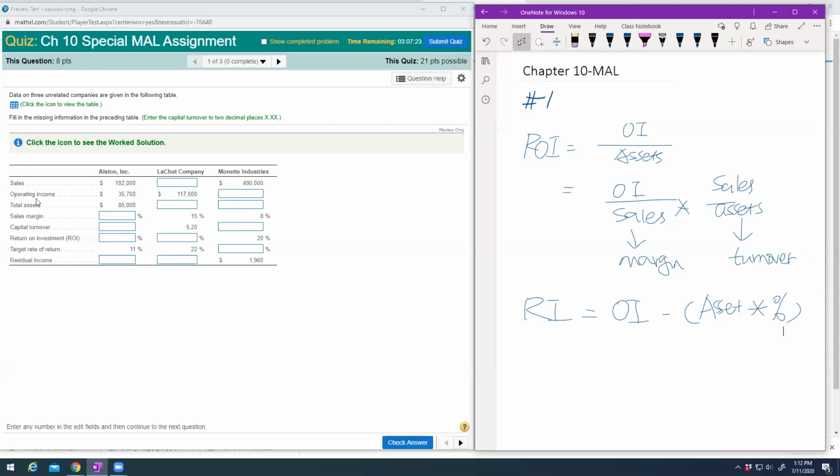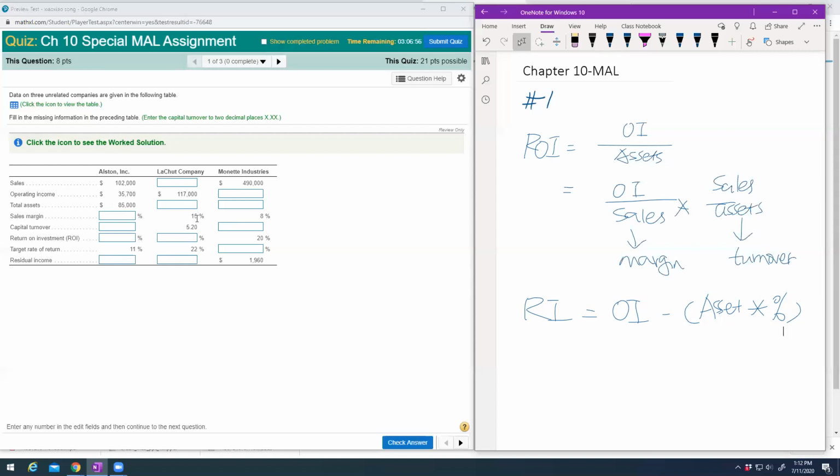Return on investment, ROI, equals operating income divided by your total assets. With the target rate of return, you can get the residual income: operating income minus your total assets times your 11%. So I assume you should get everything by yourself.